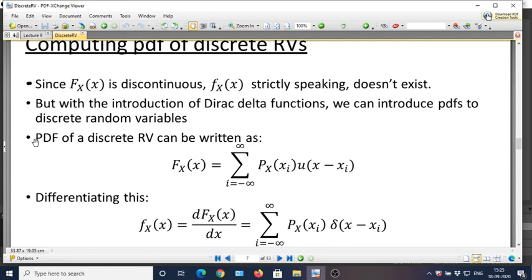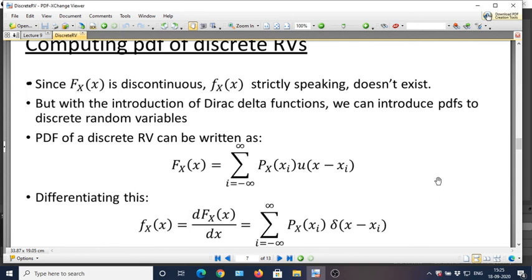What we do is we first define the CDF of a discrete valued random variable, F_X of x, as a sum of many unit step functions with appropriate weightage. First, what is a unit step function? Let us say u of y is a unit step function.